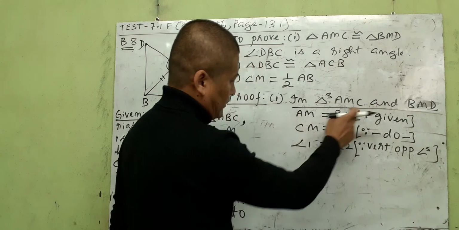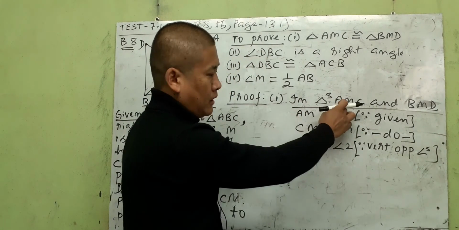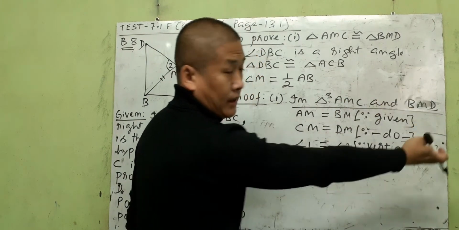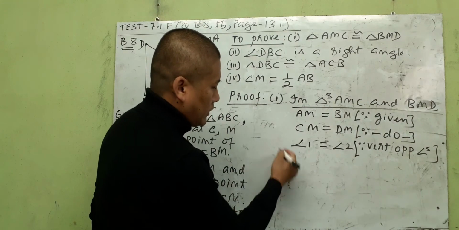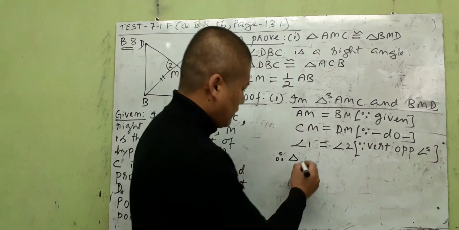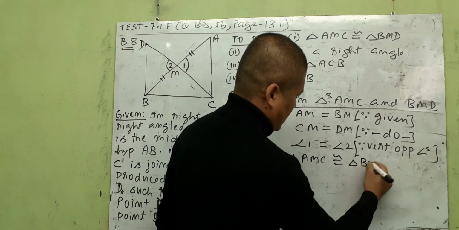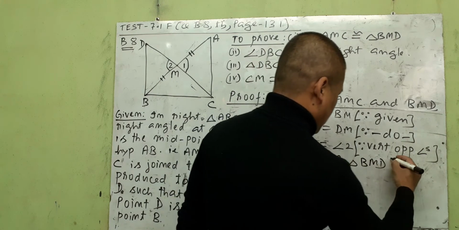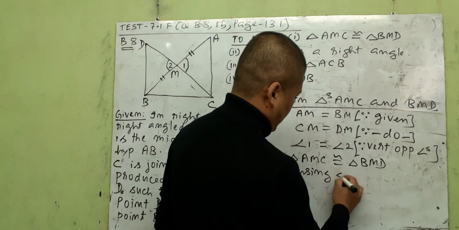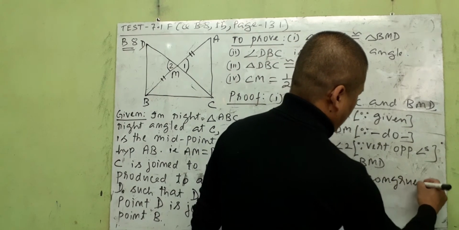So if in two triangles, two sides and the angle between those two sides of the first triangle are correspondingly equal to two sides and the angle between those two sides of the second triangle, then we know, as we learned earlier from the congruency condition for triangles, that those two triangles will become congruent to each other by a condition called SAS congruency, right?